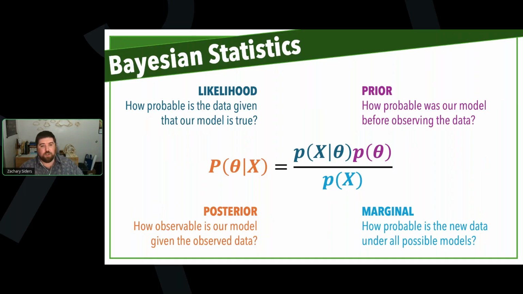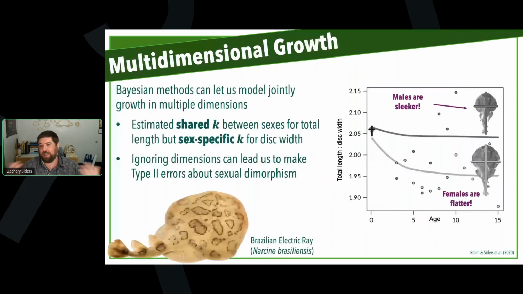So what we're going to do next is walk through a bunch of case studies where we've taken this Bayesian statistical framework and applied it, building in some of the different ways we handle issues around building these von Bertalanffy growth models. One pretty natural extension is, if I can build a von Bertalanffy for one dimension, can I build it for multiple?